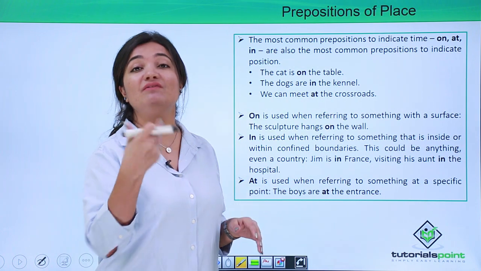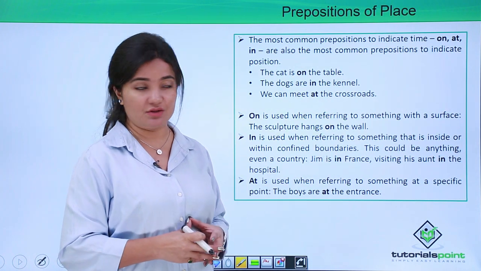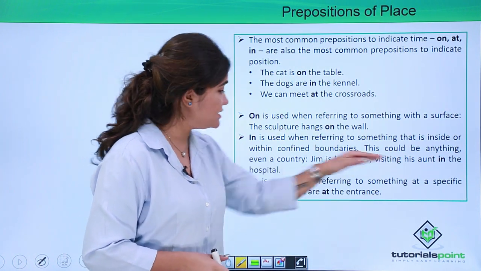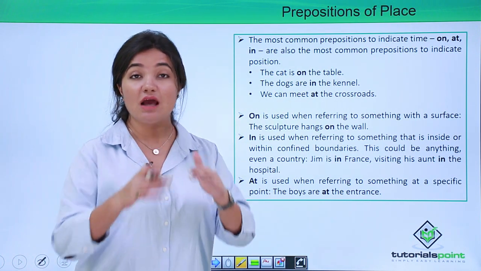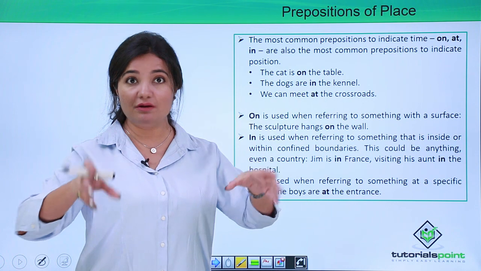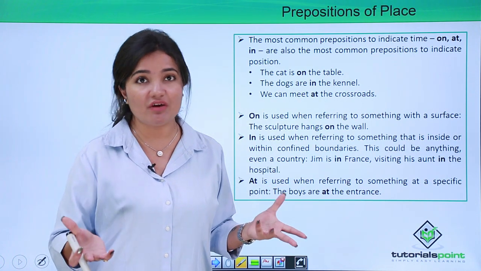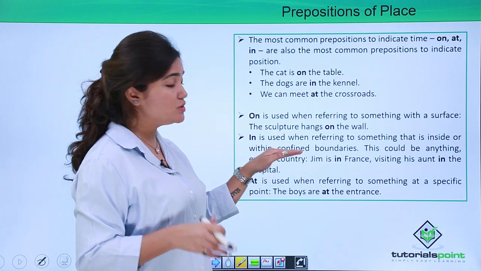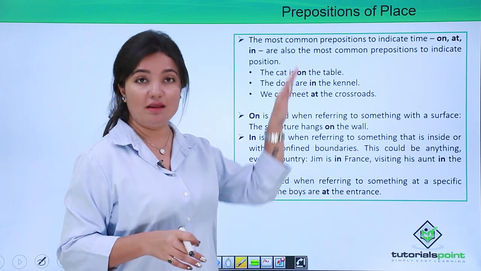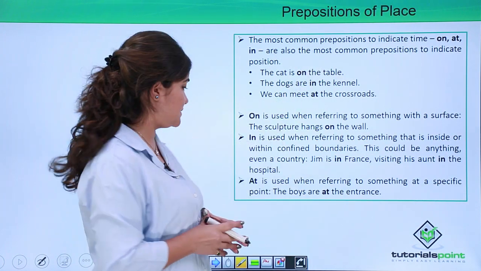So of course in France, because France is a country. Visiting his aunt in the hospital. So again, hospital and France here are two boundaried objects that we are referring to. And because they have a boundary, hence we use in as a preposition of place.